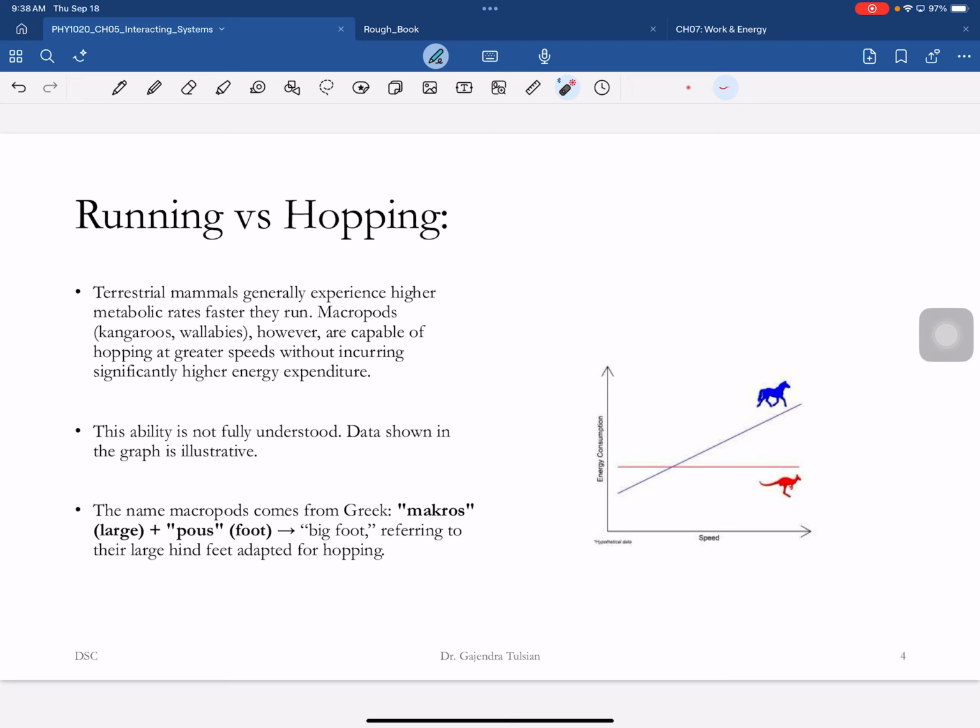No. Okay, so here's the answer. We spend most of our lives here, so walking is more efficient. It turns out that walking is more versatile as well. Hopping is good for flat terrain. This guy adapted to hop because he lives in Australia, large open fields, large open land.